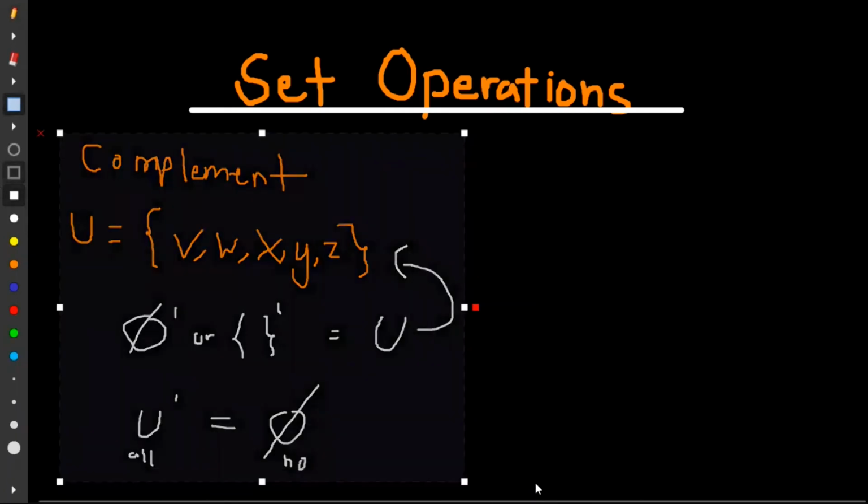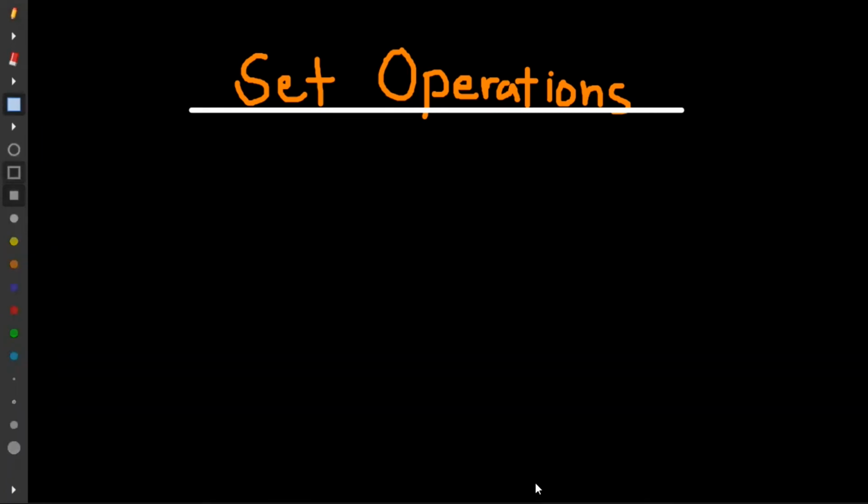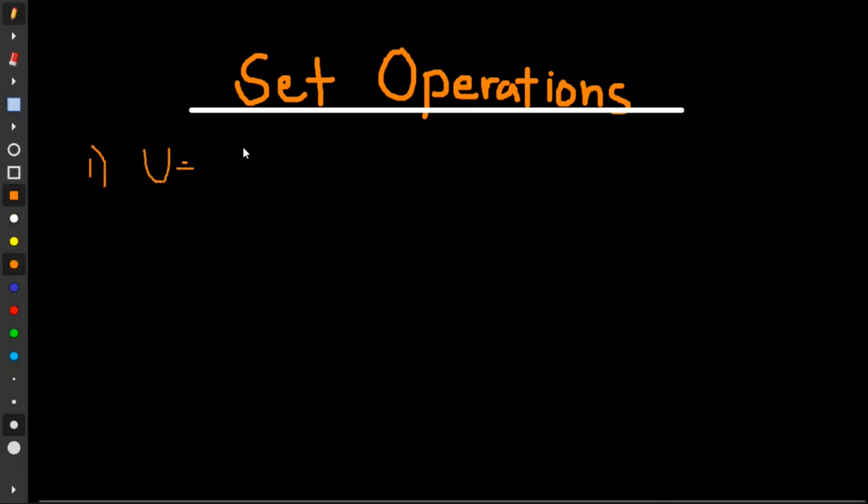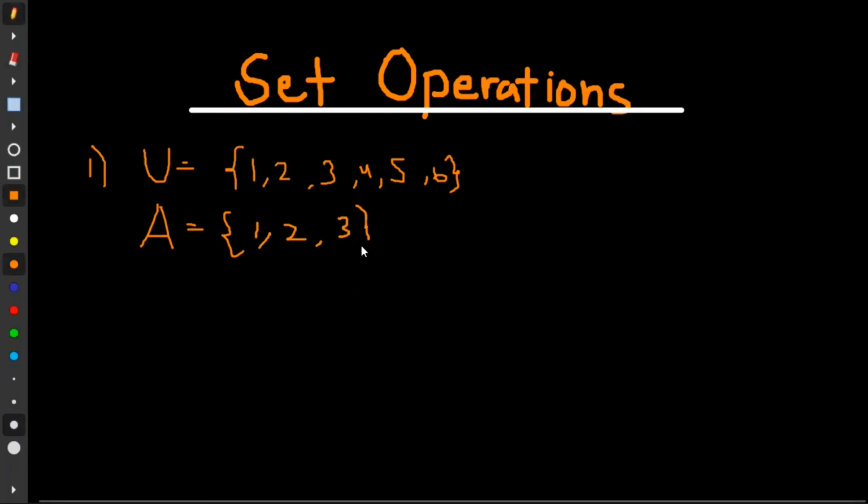So now let's try some harder examples, some combination of these. Say we are given the set U, which contains 1, 2, 3, 4, 5, and 6, the set A, which contains 1, 2, and 3, and the set B, which contains 4, 5, and 6.